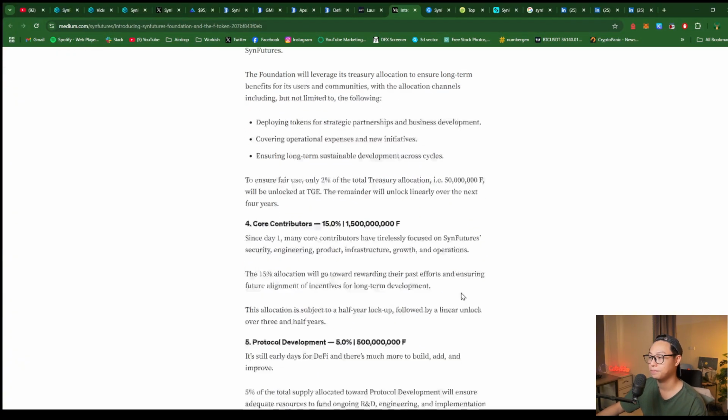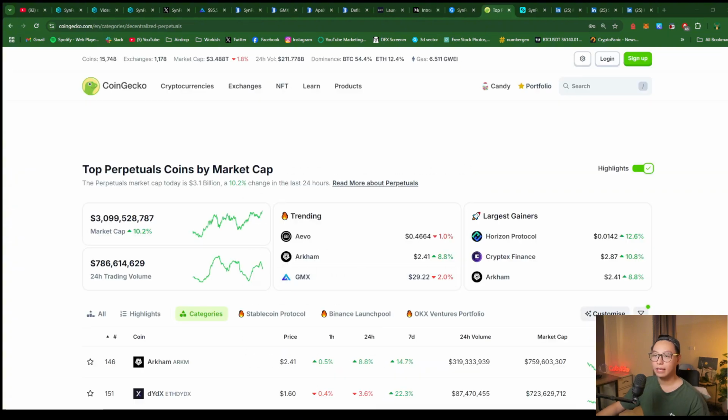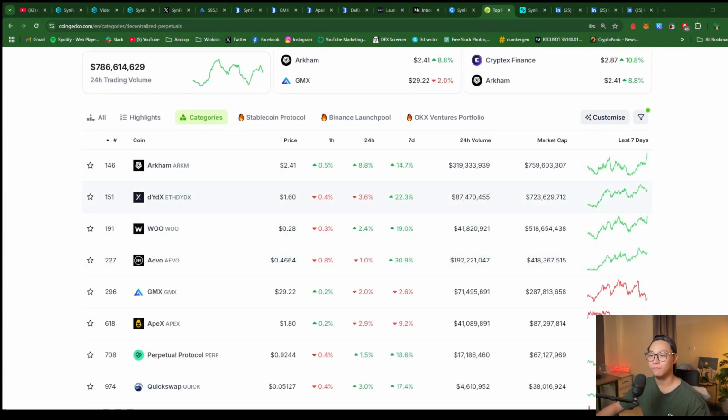13% is alright. With that said, with the tokenomics like that, what is the valuation of F token? If you look at the top perpetuals coins by market cap on CoinGecko, DYDX is like 700 million, Woo Finance 500 million, Avo 400 million, GMX 287 million, and APEX 87 million, right?